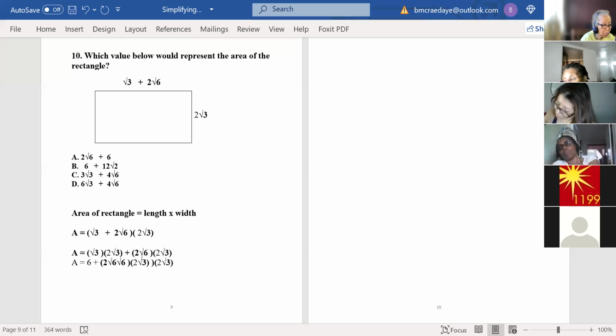I'm just factoring the 6, the 6 into 3 and 2. That's 3 and 2 in the square root of 6. And what we have left is 2 times the square root of 3.